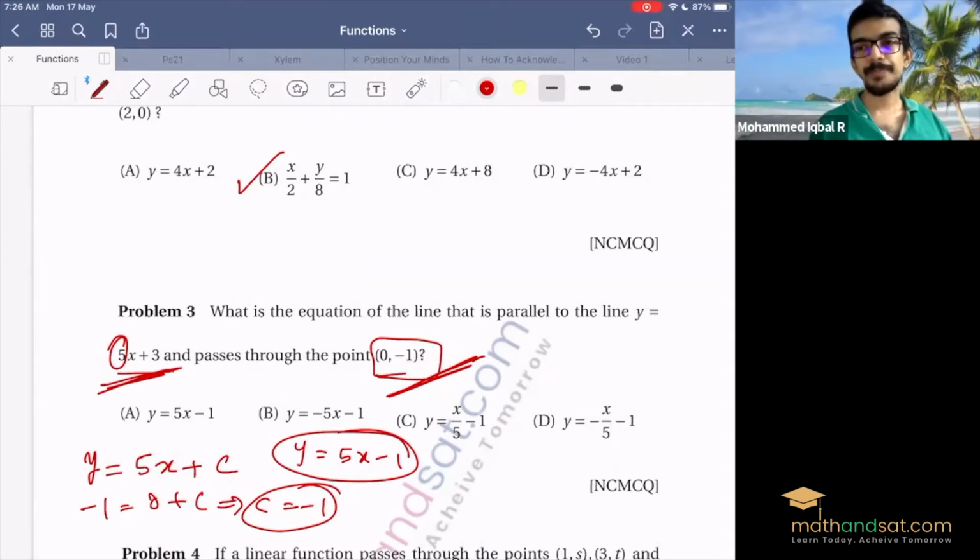Is that okay? You got the slope from the line. You got the intercept from the point. Tell me, is that okay?